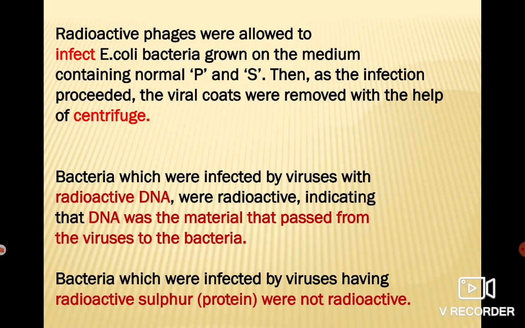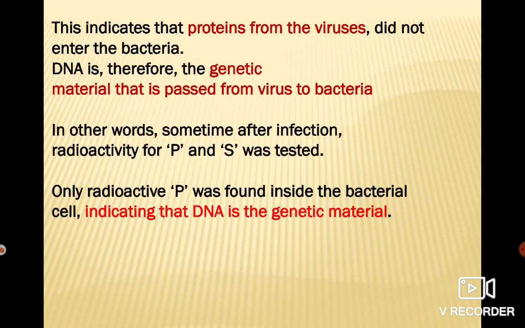Bacteria which were infected by viruses having radioactive sulfur were not radioactive. This indicates that protein from the viruses did not enter the bacteria. DNA is therefore the genetic material that is passed from virus to bacteria.